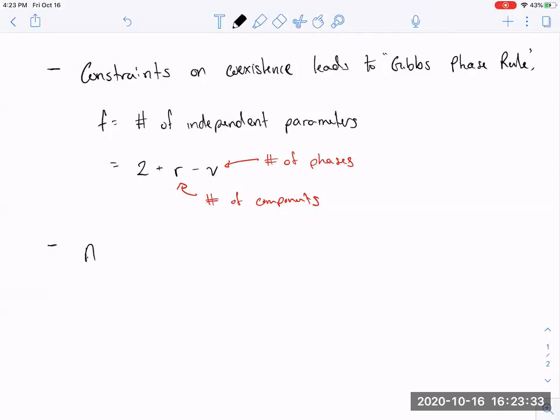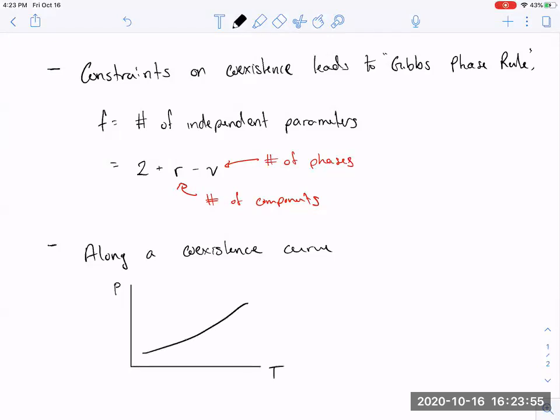Indeed, if we were to measure a coexistence curve, for example, in the pressure temperature plane, say for phase gamma or phase alpha.